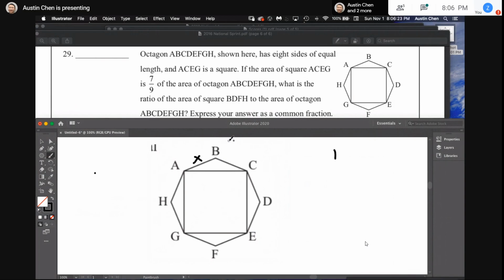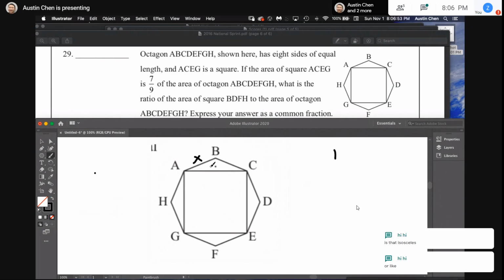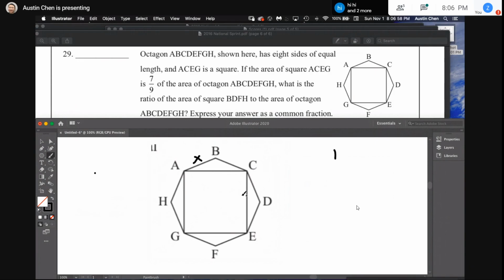So if our side is x, wait, actually, these are all isosceles triangles.